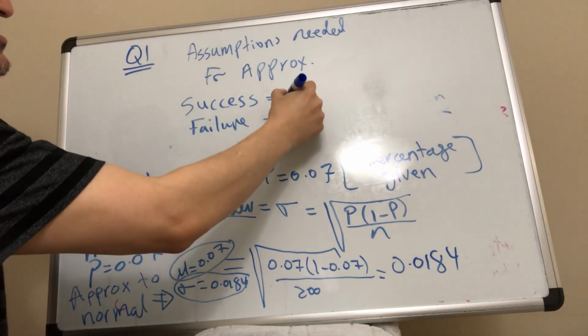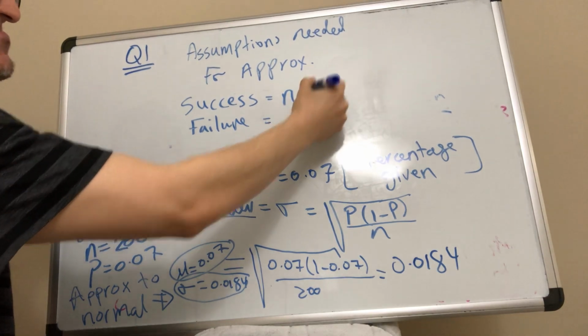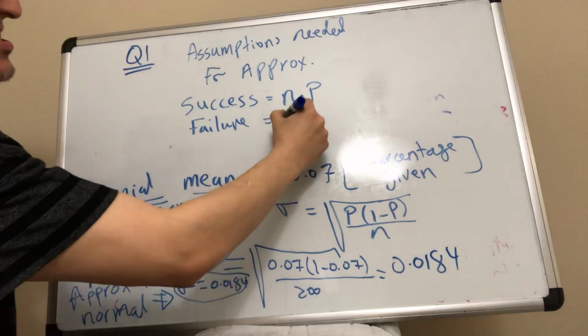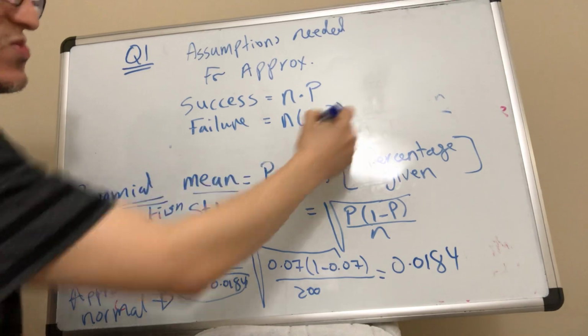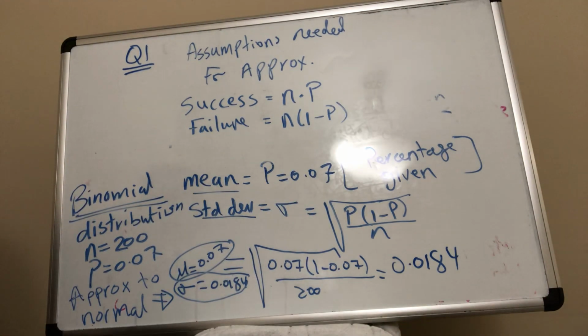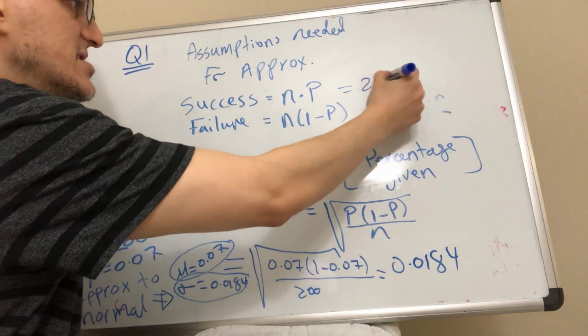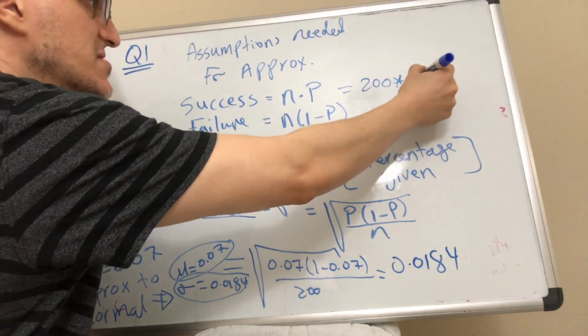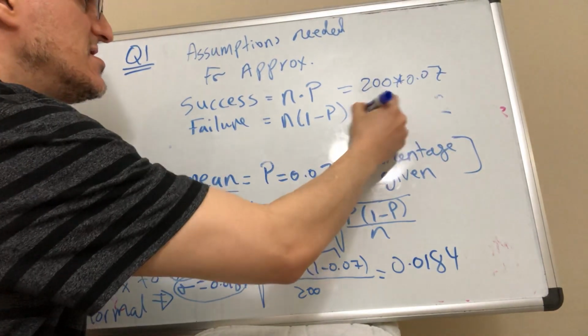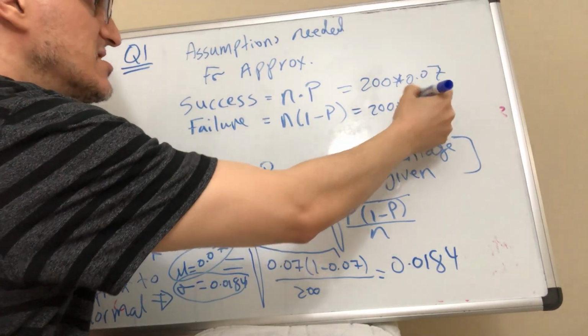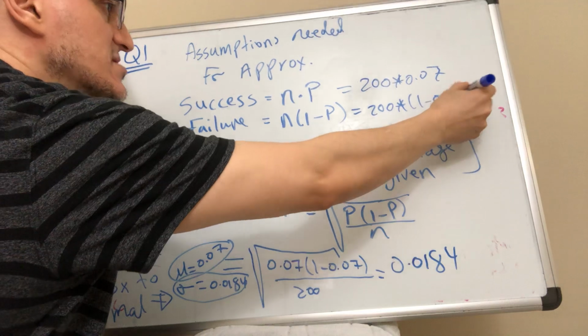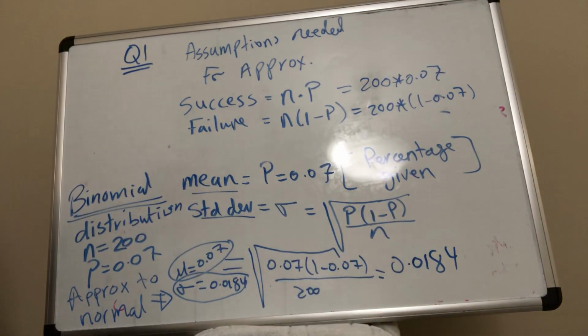So you basically take n times p and n times 1 minus p, hoping to see if this is more than 10. So you go 200 times 0.7, and you take 200 times 1 minus 0.7, and you see what you get.